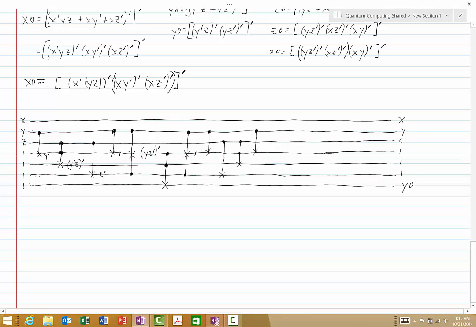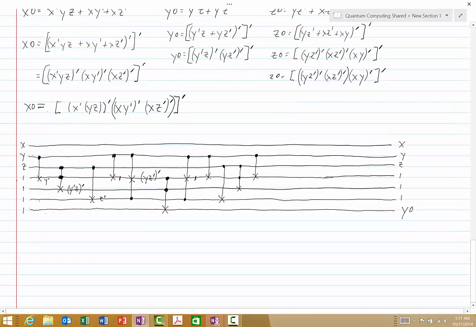and so now we could continue on from that point and make X0 and Z0 as well. But again, those would be a little more complicated than Y0, as you can see, because they are somewhat lengthier terms.